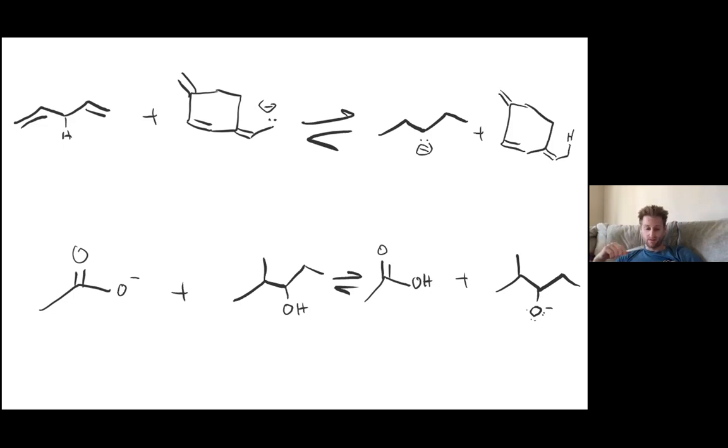Okay, so go through again. Label your conjugate acid, base, conjugate acid, conjugate base, and then which direction the reaction should go in. Oh, missing some double bonds here. Okay, I think that should be good.